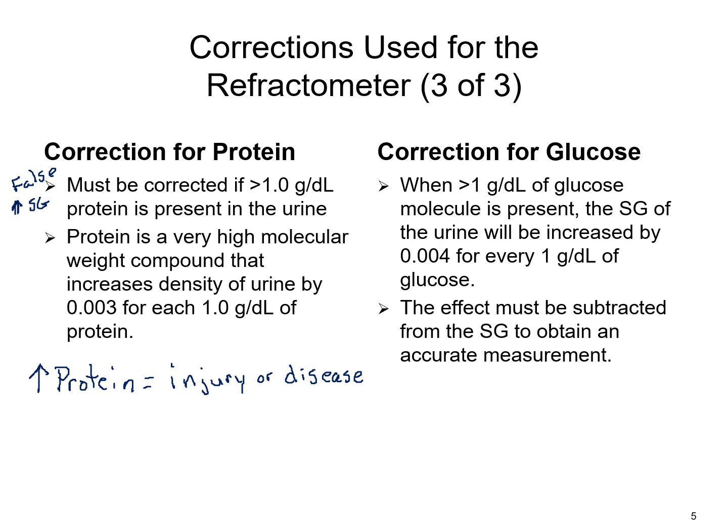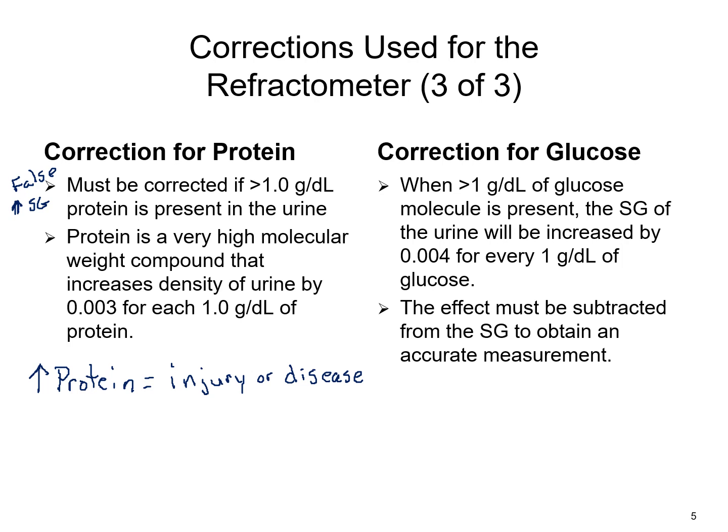So with doing that specific gravity, you're able to assess the concentrating ability of the kidneys, which primarily takes place within those tubules. When you start seeing large amounts of protein, you know there are some issues going on with the glomerulus, but you need to account for that excess protein in the specific gravity value.